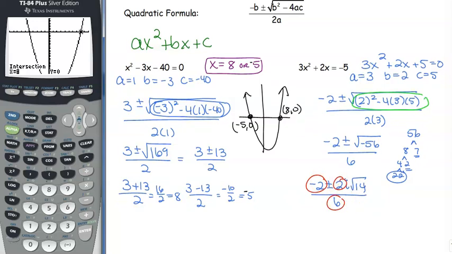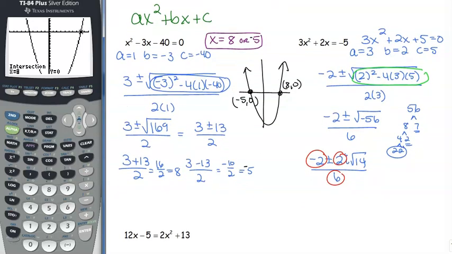All 3 are divisible by 2. If not all 3, then you can't do one of them. So it becomes a negative 1 plus or minus 1i root 14 all over 3. And no, you do not have to have that 1 there. You need that 1, but you have the i component, so you'd have an assumed 1 there.